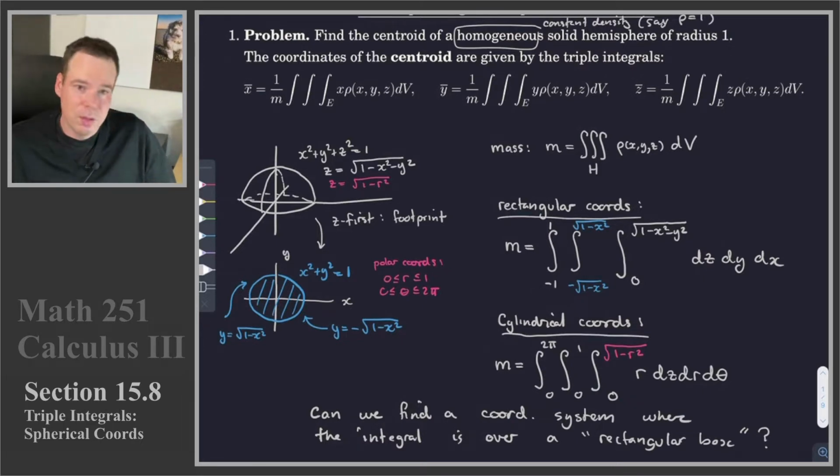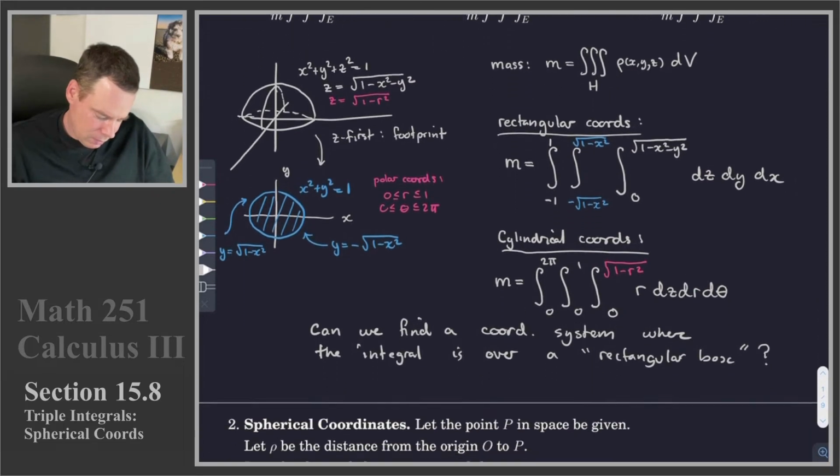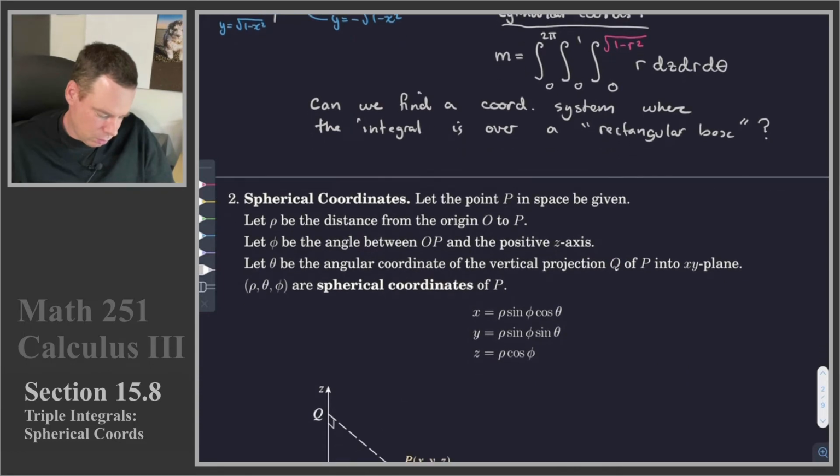Just like the circular disk, that's not a rectangular box in rectangular coordinates, but the circular disk we can think of as a rectangular box in polar coordinates. Theta is between two constants, r is between two constants. And the answer is, can we find a coordinate system? Yes, we can. It's known as the spherical coordinate system.